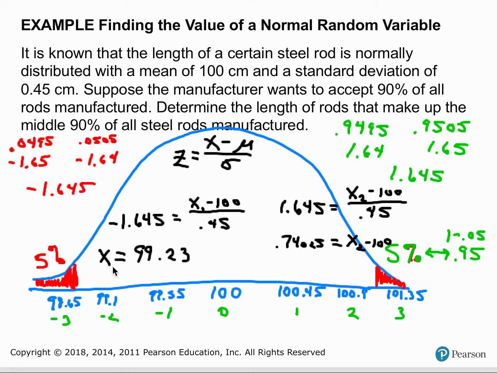So let's add 100. So x sub 2 is 100.74. Okay, the lengths of rods that make up the middle 90% then are 99 centimeters to 100.7 centimeters. Okay, 101, wherever you want to round to.